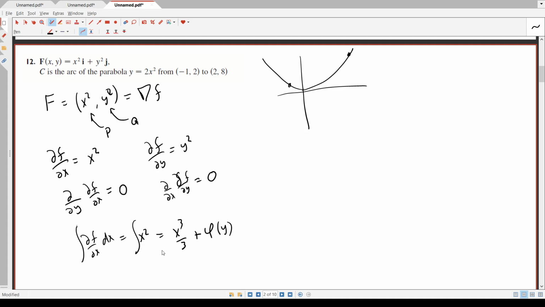Because remember, when I do the partial with respect to x, y is a constant. So same thing when I integrate dx, plus some actual constant.